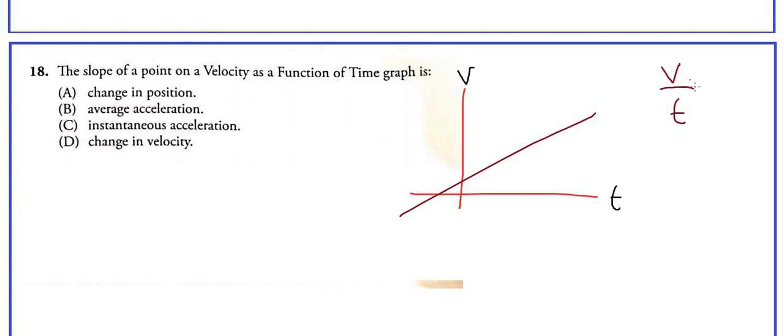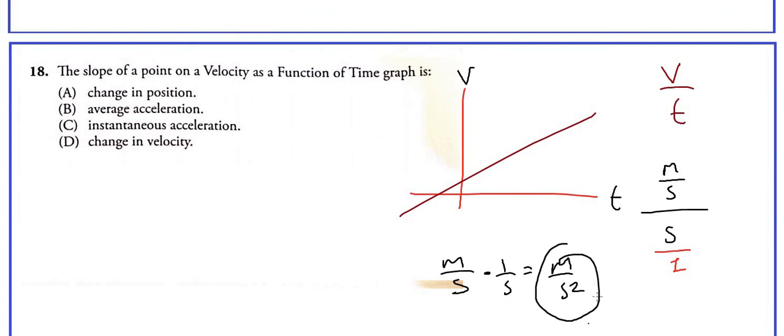So the unit of velocity is meter over second, and the unit of time is second. So a fraction over another fraction is keep, change, flip. So meter over second times 1 over second is meter over second squared, and this is the unit of the acceleration, so it's the instantaneous acceleration. So we could solve this question using the dimensional analysis.